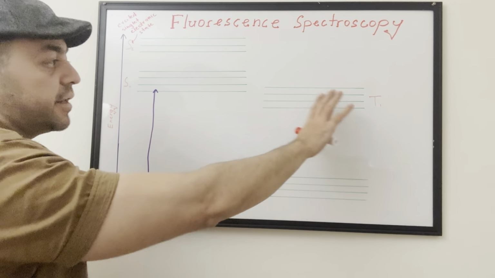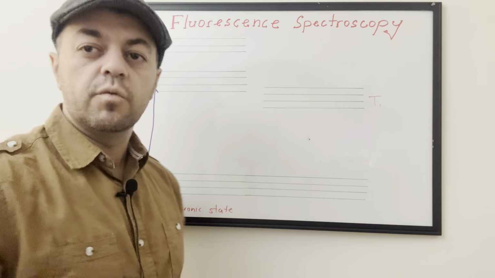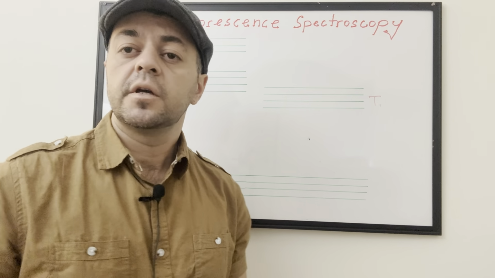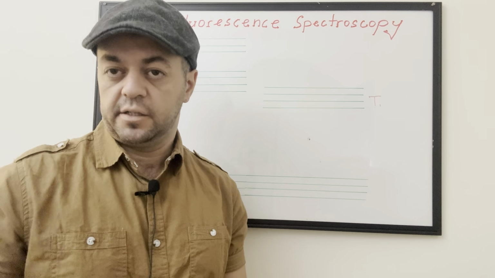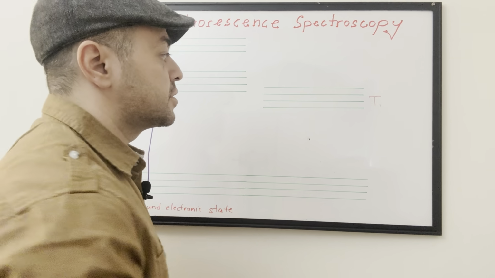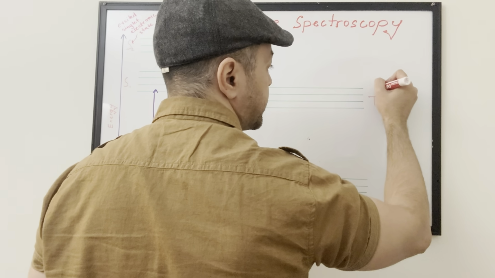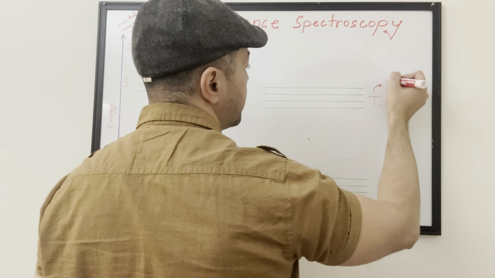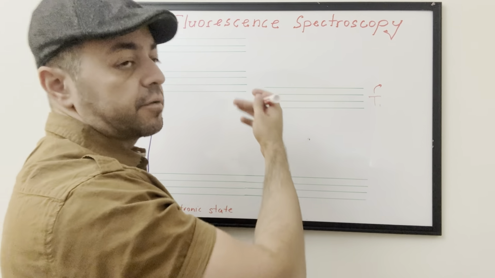Right off to the right, you see here this T1. This is the excited triplet electronic state, also called the excited triplet state. I will explain how this T1 works and how it's different from S1.